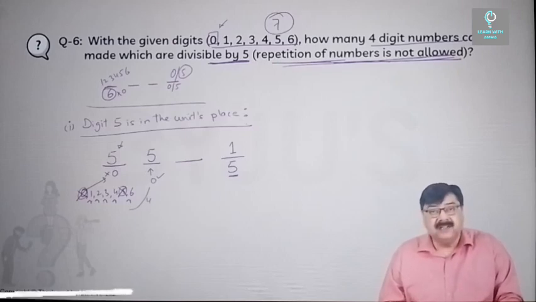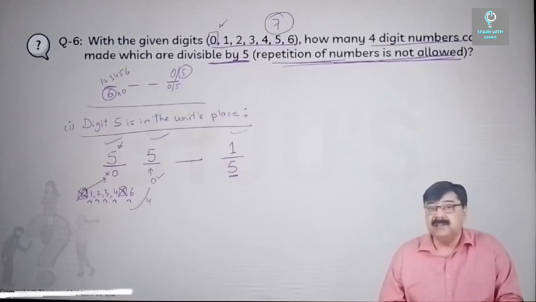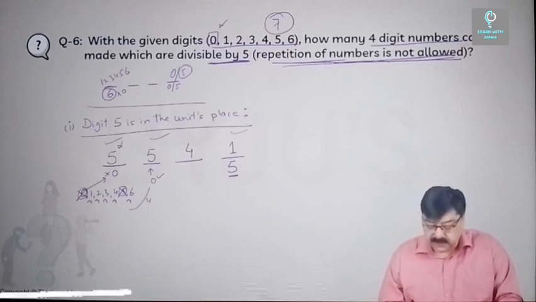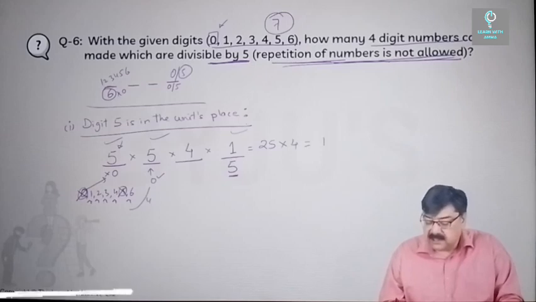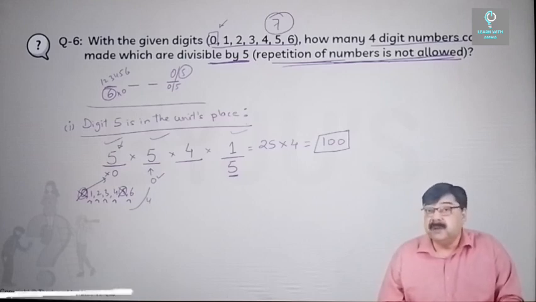So now 3 digits have been utilized, out of 7. So 7 minus 3 is 4. To fill up the tens place, we are left with 4 options. So 5 into 5 into 4 into 1 should give us 25 into 4, and that is 100 such 4-digit numbers can be formed from the given digits, which are divisible by 5 in such a way that 5 occupies the units place.